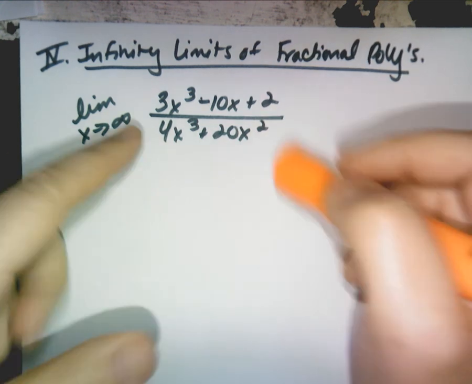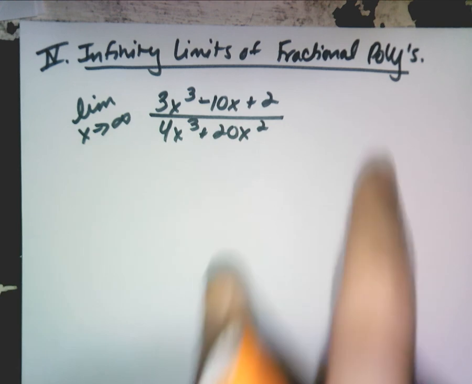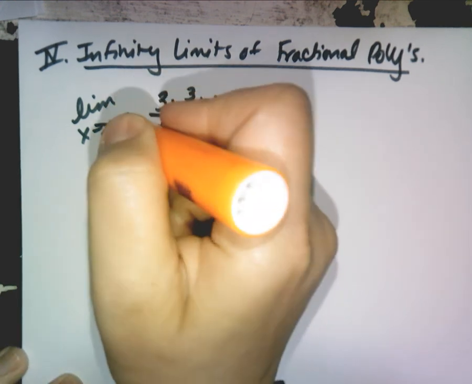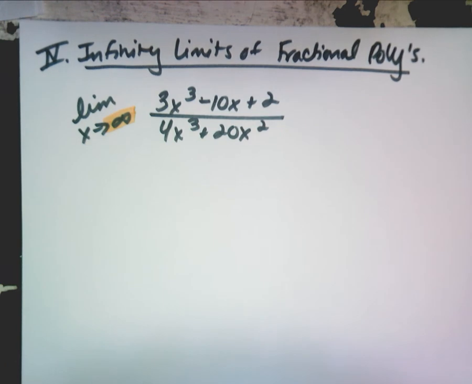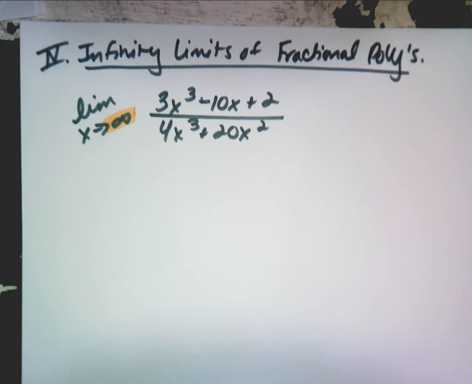They see a fraction and they go to try to like FOIL it, or they plug a number in or something like that. The trick I'm about to show you only works if you're headed toward infinity. Not if you're headed toward 0. If you're headed toward 0, plug a 0 in. If you're headed toward 2, plug a 2 in, okay? But if you're headed toward infinity, you're allowed to do the following.